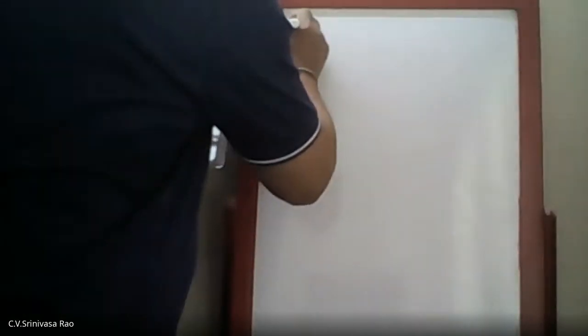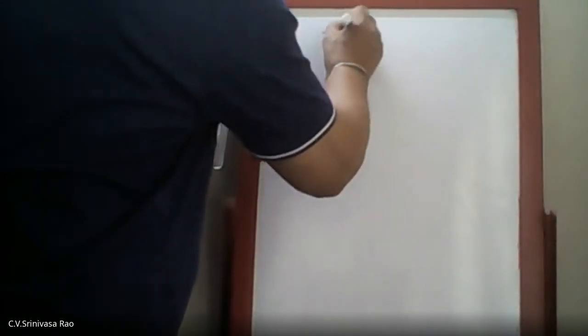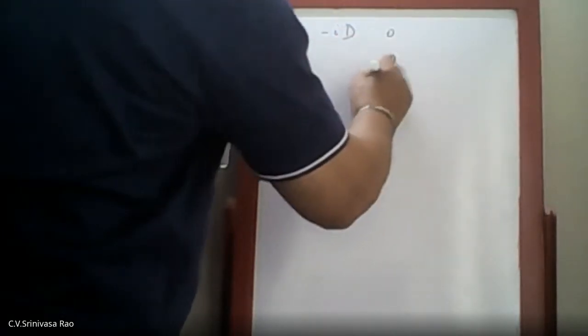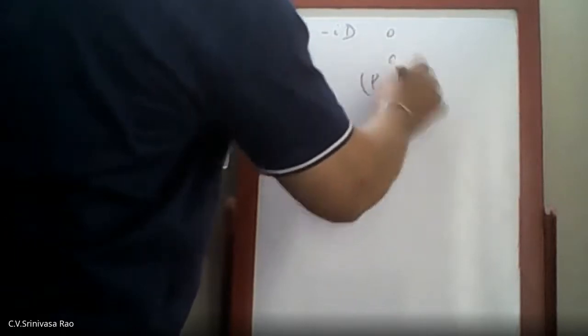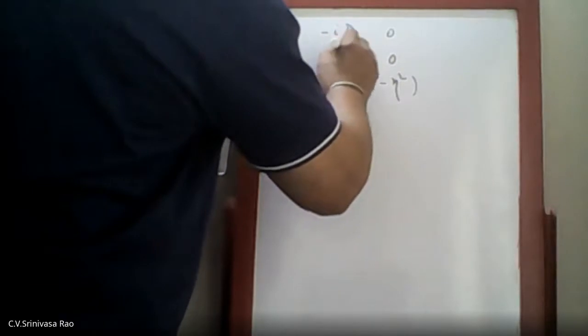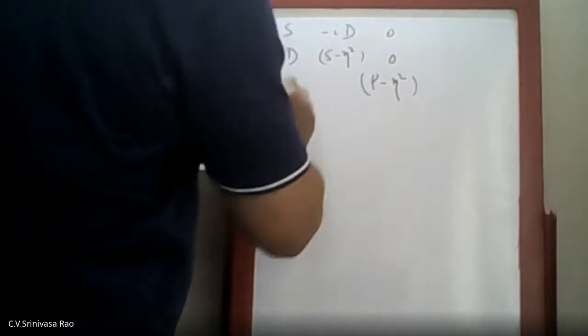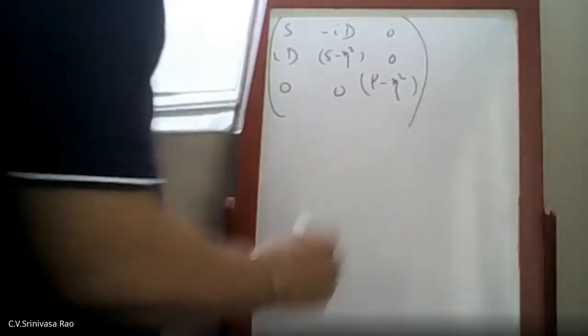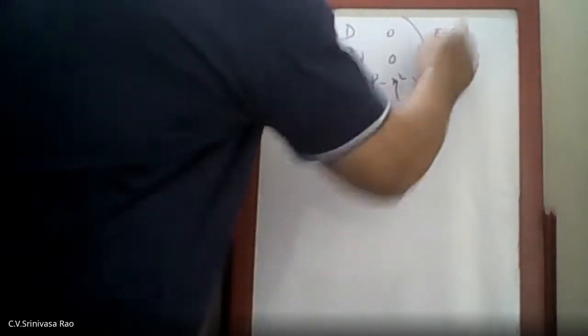So after we put those values for theta equal to 90 degrees, and then simplify for sin theta, cos theta, what you get is S, so very simplified now.